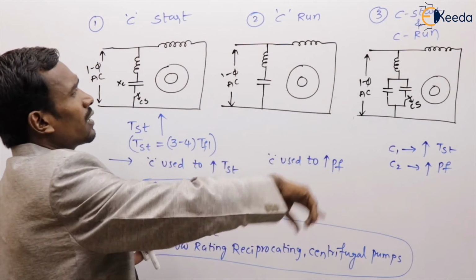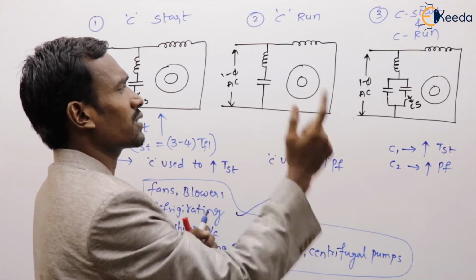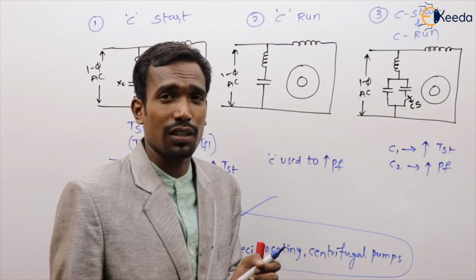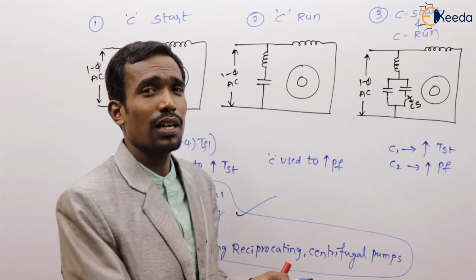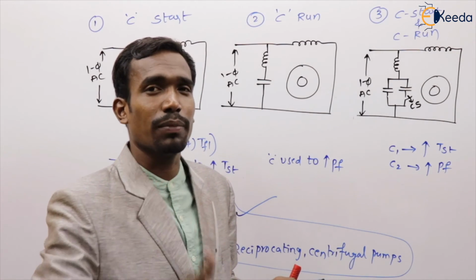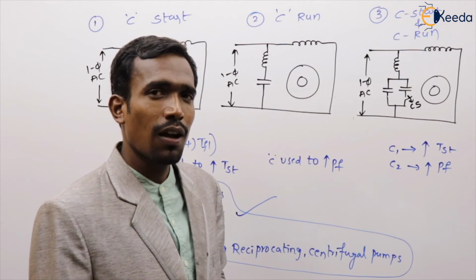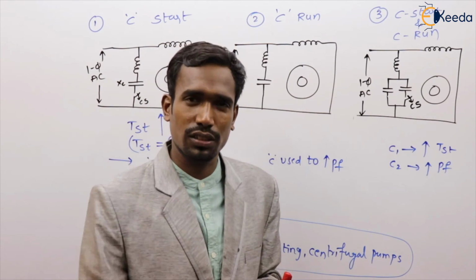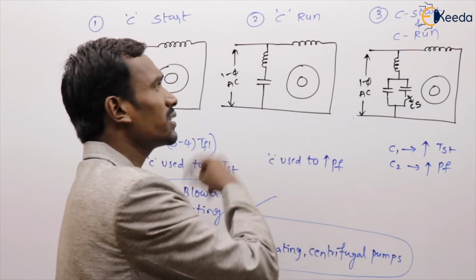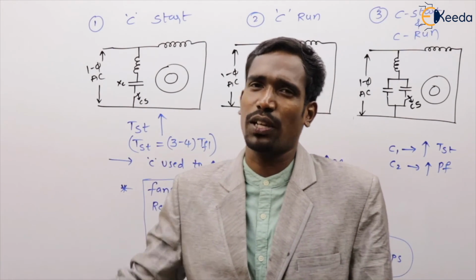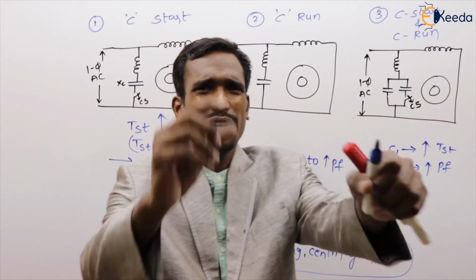This is simply about the capacitor start, capacitor run, capacitor start and capacitor run induction motors. These are one of the types of special machines. Okay, this is about the single phase induction machine, a very small topic.